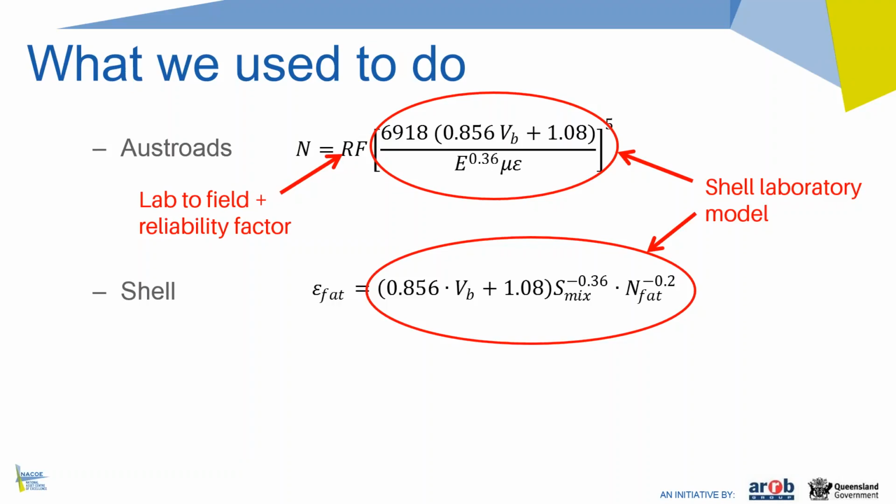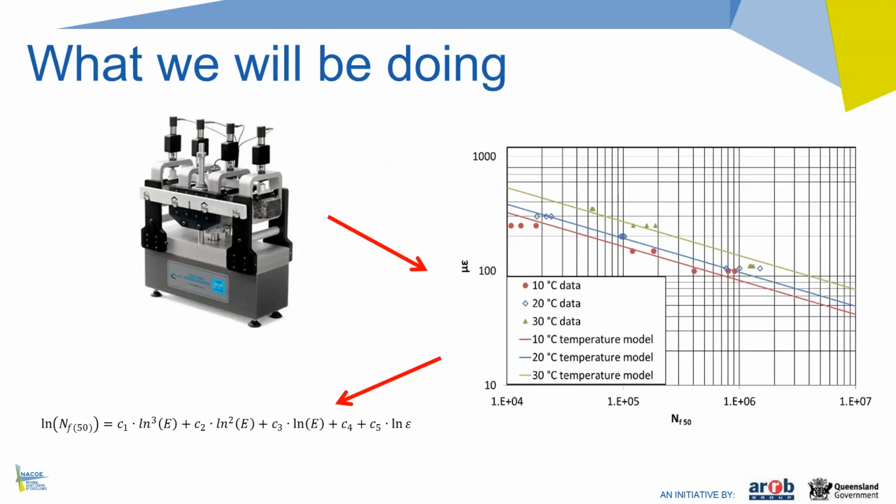So what we will be doing is running fatigue tests again on beam specimens in the laboratory, and running those tests at different temperatures to develop a laboratory model that is fitted to all the data, so that the combined data at the different temperatures, and therefore the fatigue performance, again becomes a function of the modulus in the test and the strain level that was used in the test.